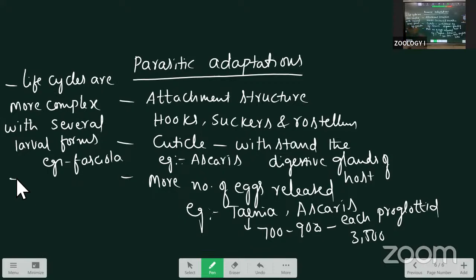Next, the parasites produce anti-enzymes to neutralize the host digestive enzymes.